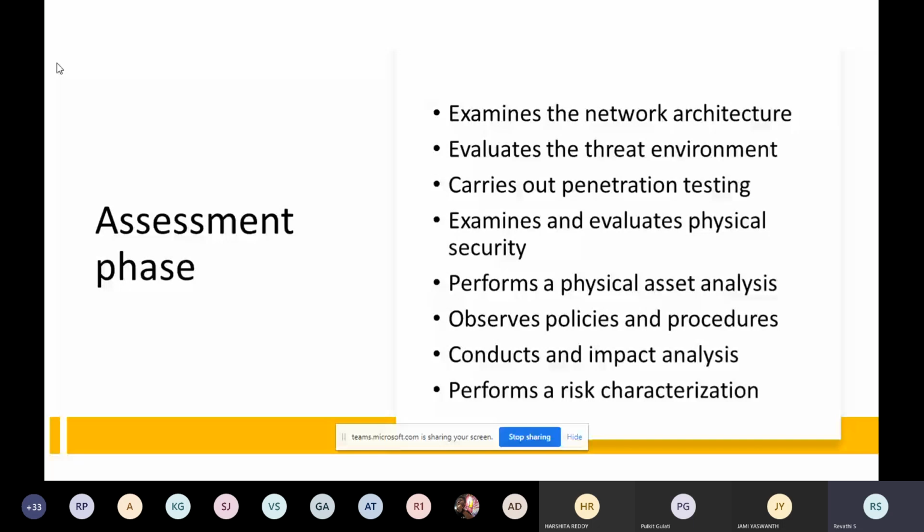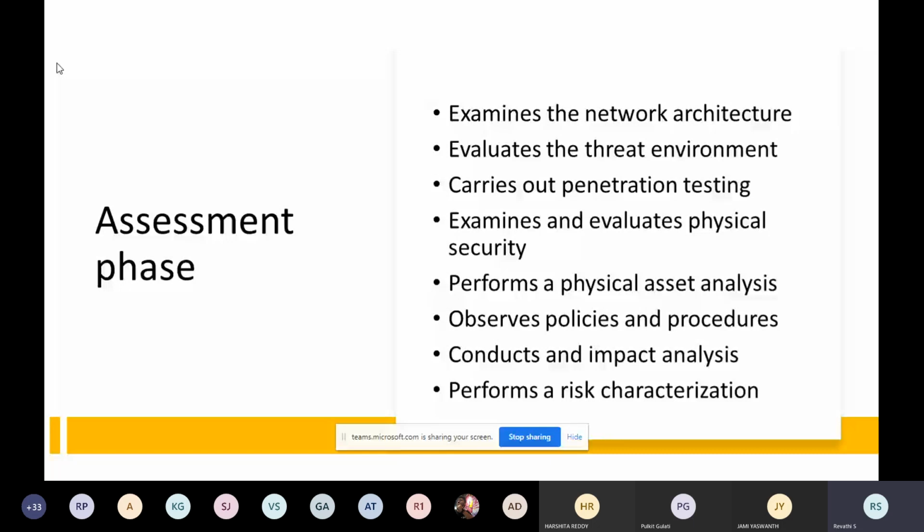That analysis you do. Then when you are performing auditing, every time you have to observe whether all the policies and procedures are being maintained, and conduct the impact analysis. In the sense, you have to understand, if the attacker is attacking the system, what is the possible impact. We have already understood what the impacts are: functional impacts and confidential information impacts.